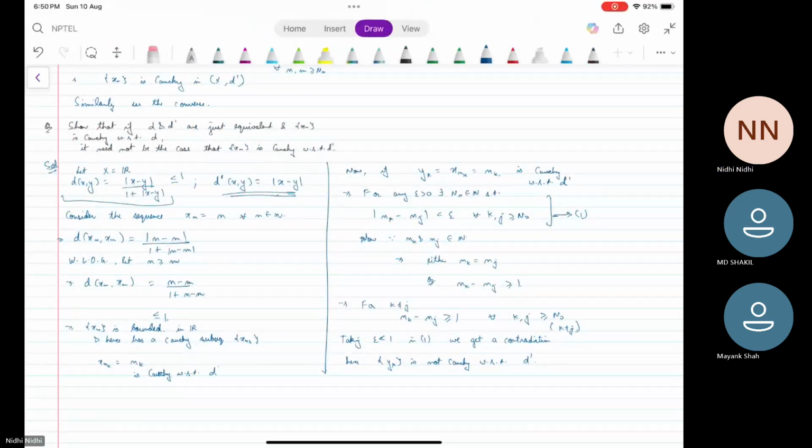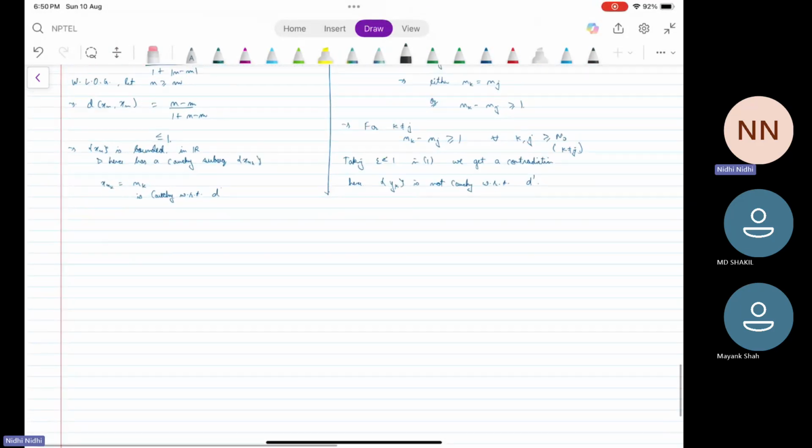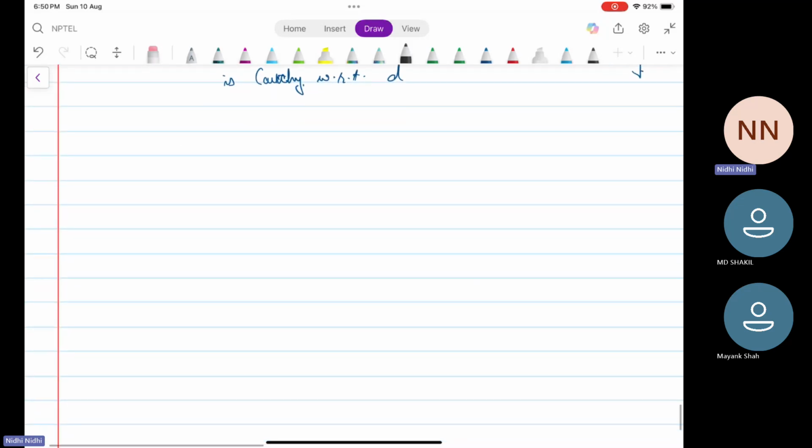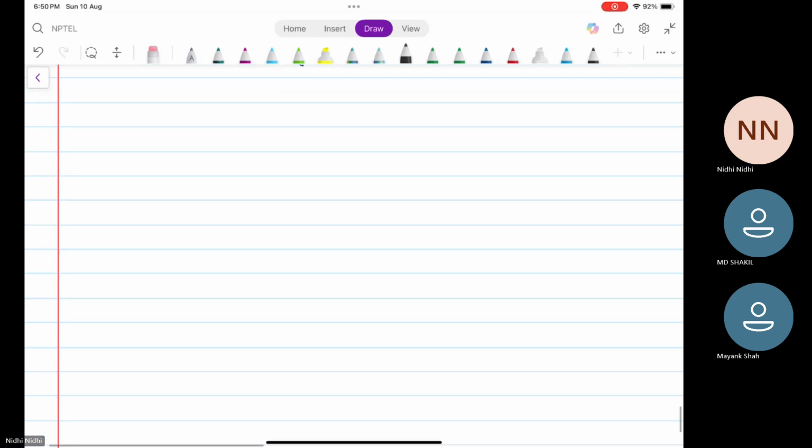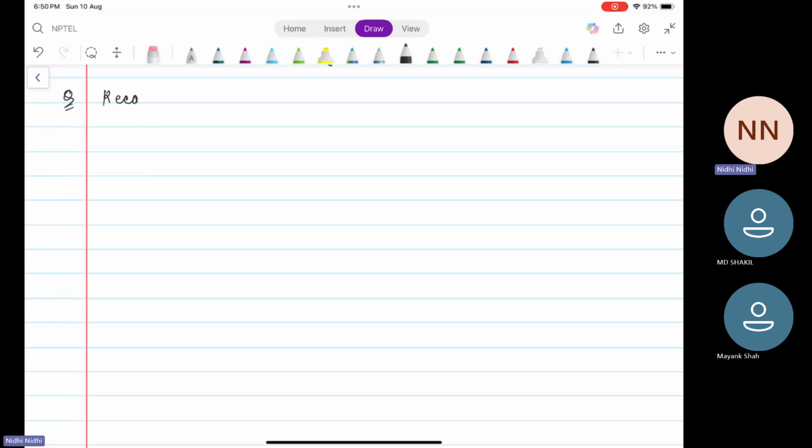So next, let's recall the last question of the previous session, where we discussed some equivalent metrics on the product metric space. Recall question 8 in tutorial 2.